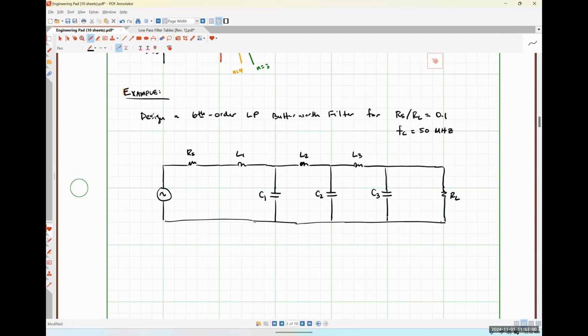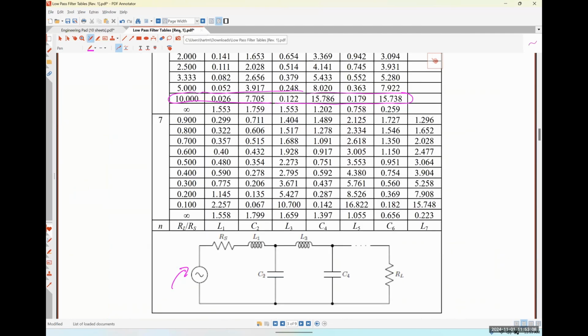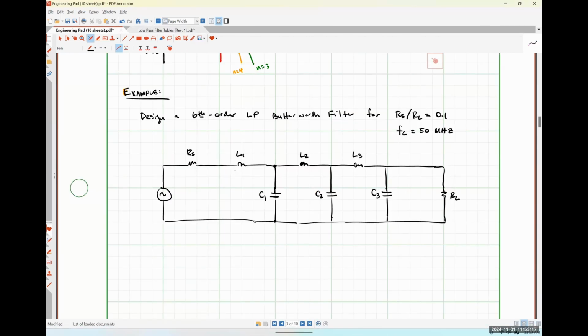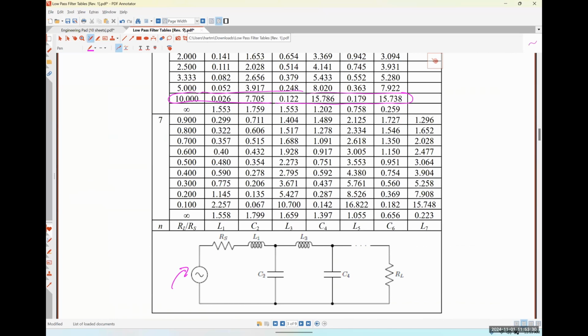So let's put some values in here for all of the inductances and capacitances. I'm pulling those directly from my table. I should have 0.026 henries for my first one. And then I think this is also going to be 0.026 because they're usually symmetrical. Nope, I was totally wrong.